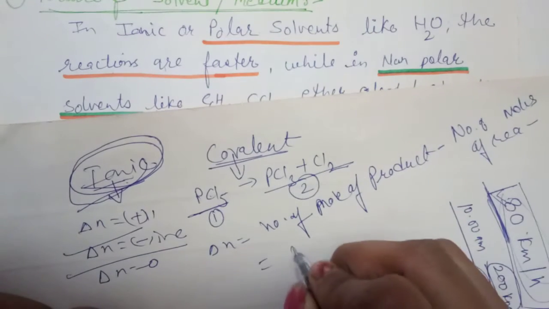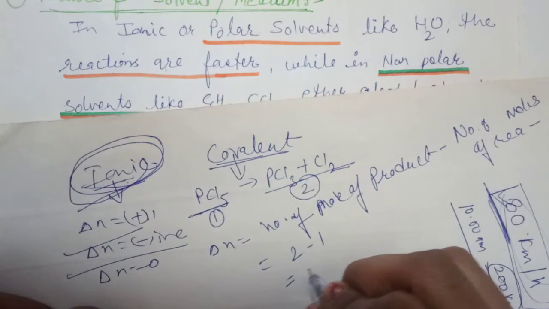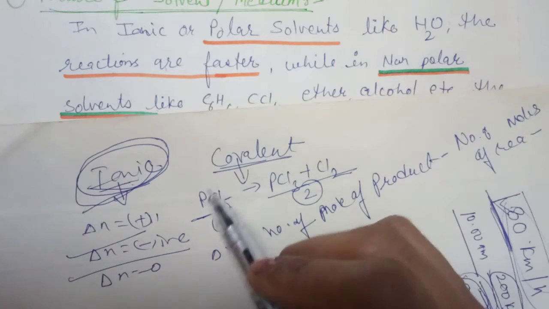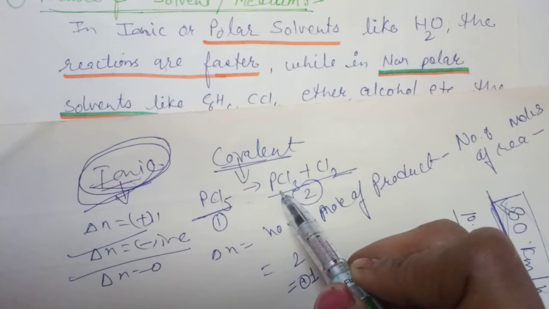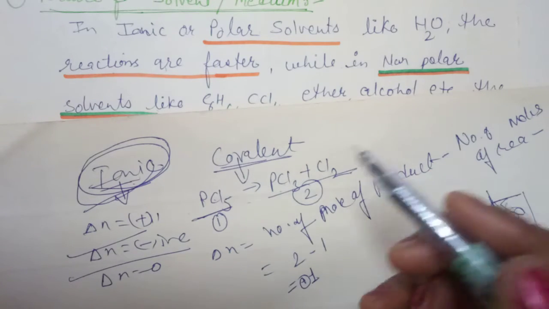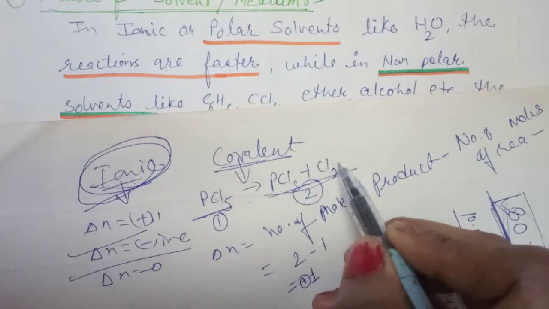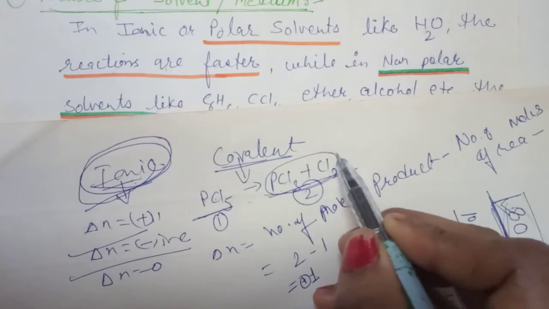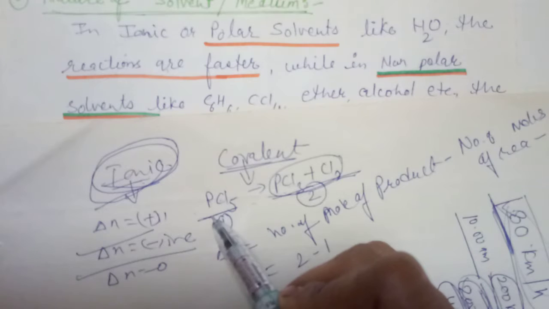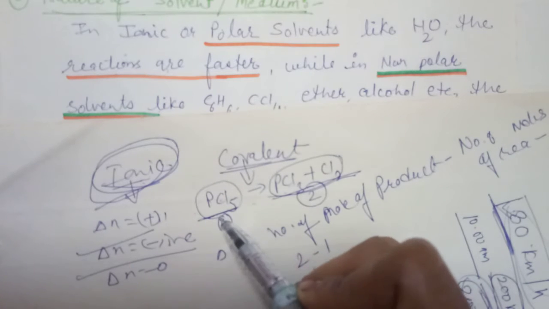Here 2 minus 1 means the answer will be 1. This is a positive value. In this reaction, as we increase the pressure, according to Le Chatelier's law, PCl3 and Cl2 come in contact and make more PCl5.